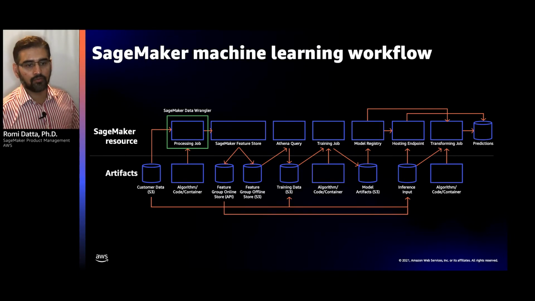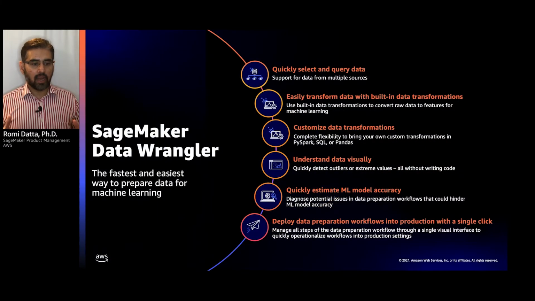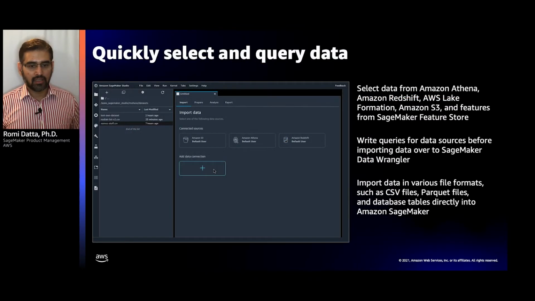So let's look at the first of these data preparation tools, Amazon SageMaker Data Wrangler. It is the fastest and easiest way to prepare data for machine learning. You can quickly select and query data from a large number of sources. We support Amazon S3, Athena, Redshift, as well as Snowflake.